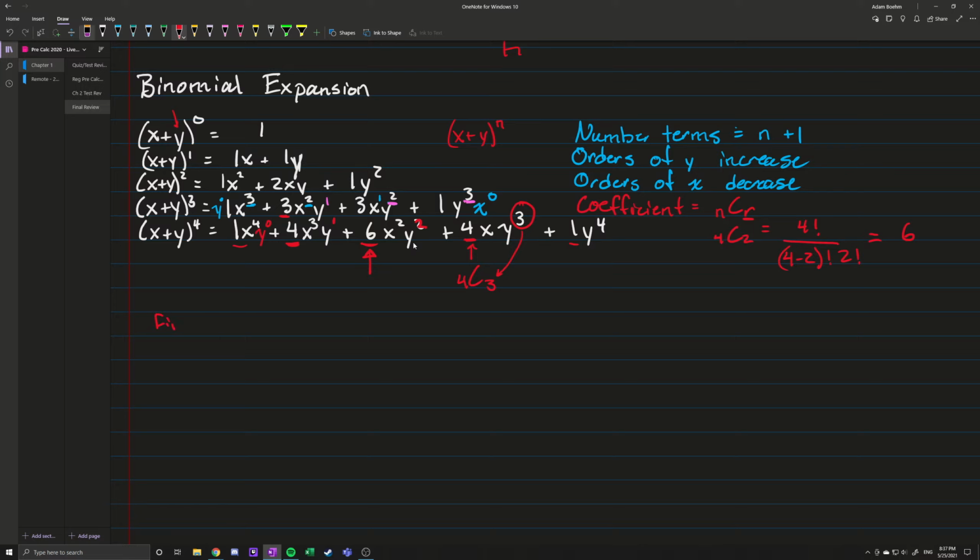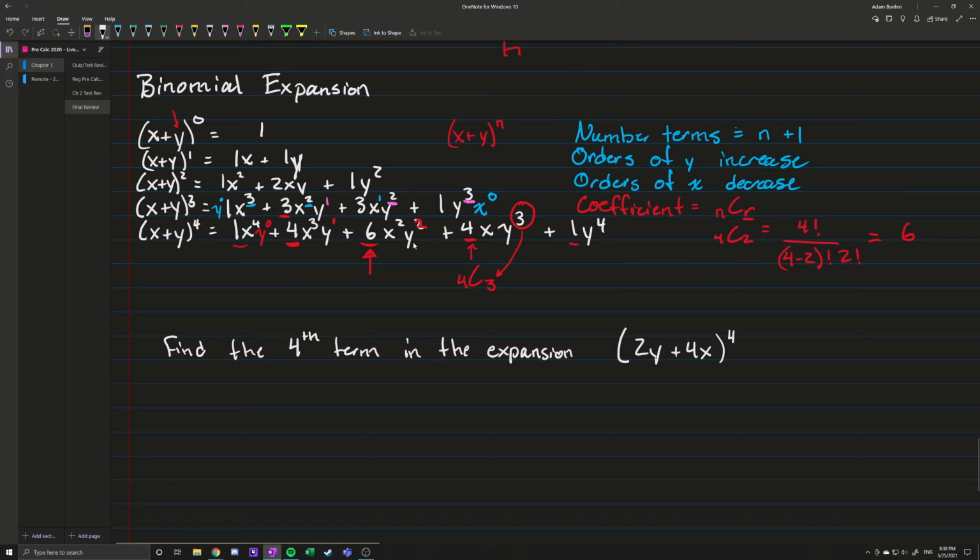Find the fourth term in the expansion 2y plus 4x to the fourth. Okay.